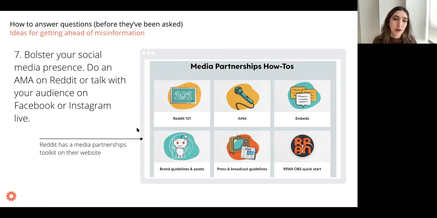But if Reddit isn't big where you're coming from, maybe do a Facebook or Instagram live, right? The idea behind this, of course, is that these are the spaces where the misinformation is circulating, right? So if you're finding that there's tons of misinformation on local Facebook groups, then it might be in your interest to try to engage with some of those people on Facebook.